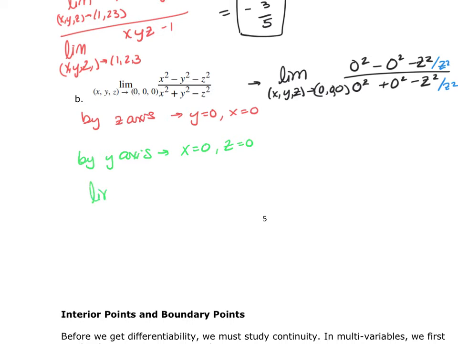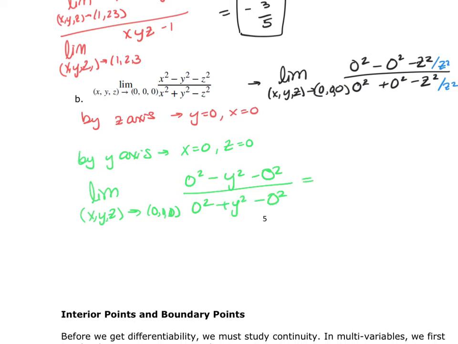So now I have the limit as x, y, and z approach 0, 0, 0, which is 0 squared minus y squared minus 0 squared over 0 squared plus y squared minus 0 squared. And so I end up with -1 on this one.